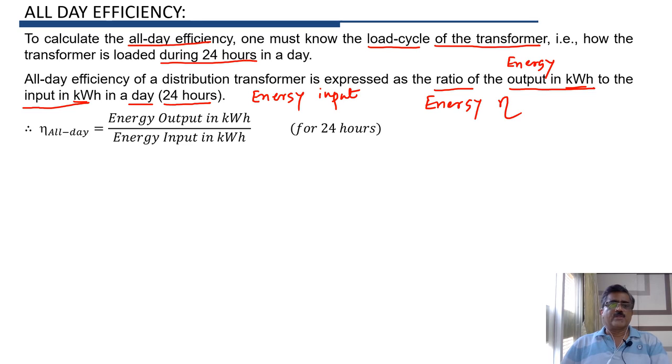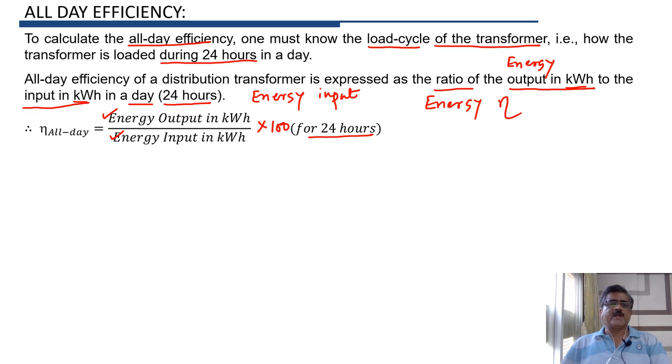And therefore, the all day efficiency can be written as energy output in kWh divided by energy input in kWh for a period of 24 hours. Of course, if you want the all day efficiency in percentage, this must be multiplied by 100.